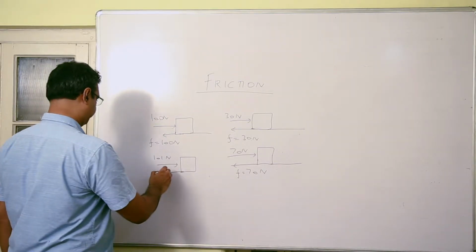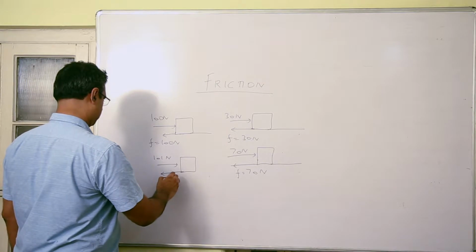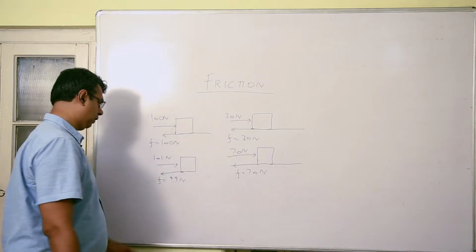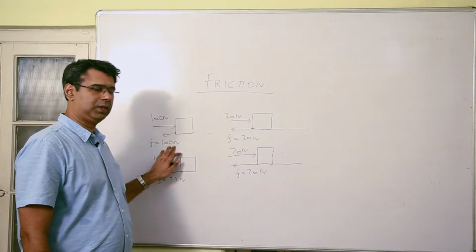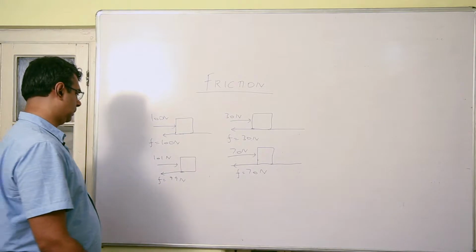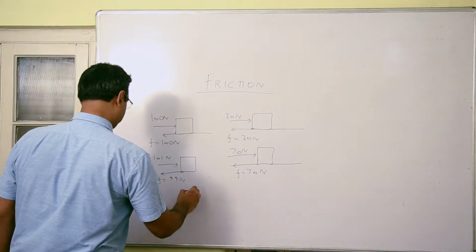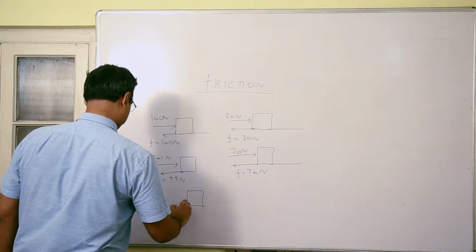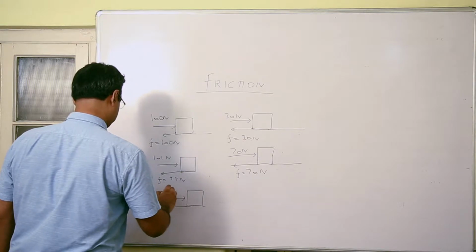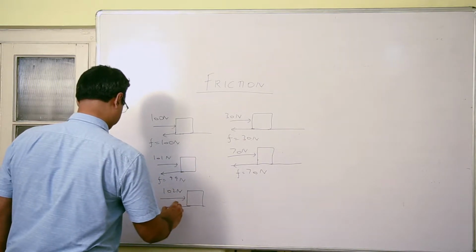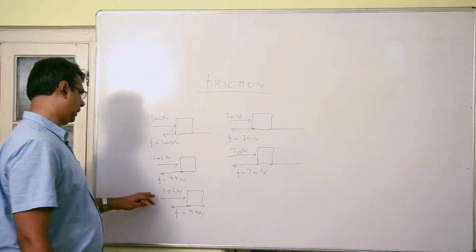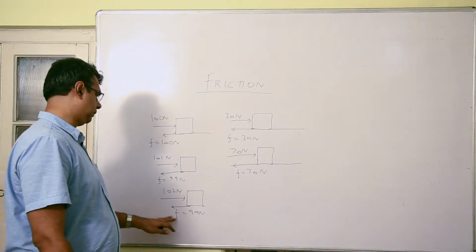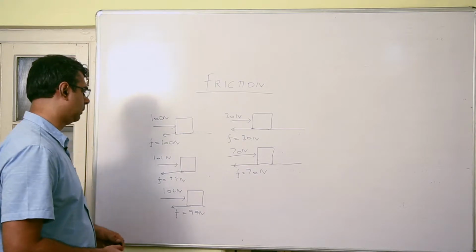And one more thing, it was found that once the block started moving, the value of friction decreased slightly below this value, and subsequently the value of friction remained constant, which means even if you increase the force to 102, the friction value remains 99 Newton.